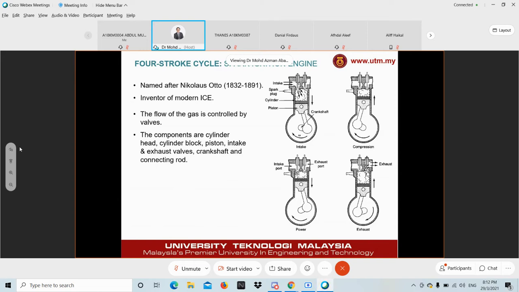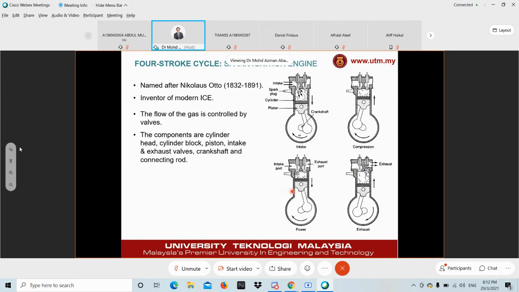So this is basically some layout. Of course, in the internal combustion engine, in the four-stroke cycle, there are four strokes, which start with an intake stroke, followed by the compression stroke, and then followed by the power stroke, or sometimes called the expansion stroke.